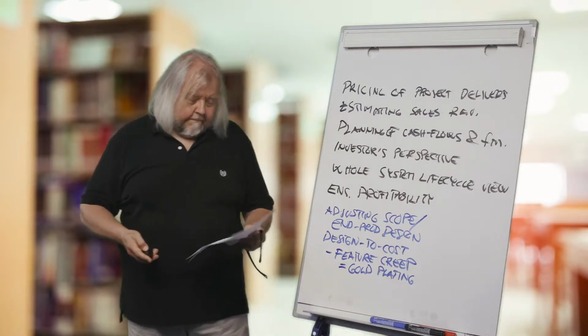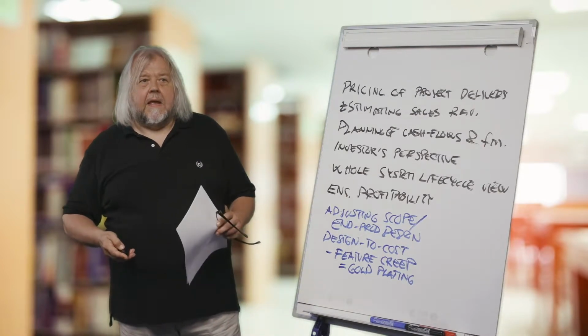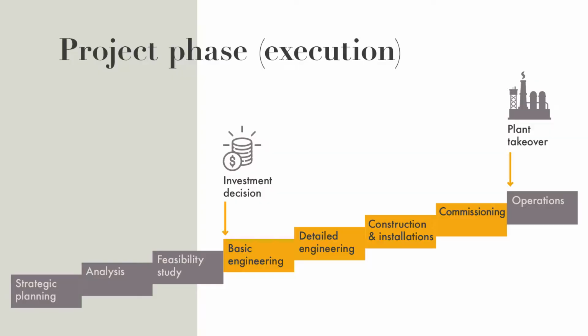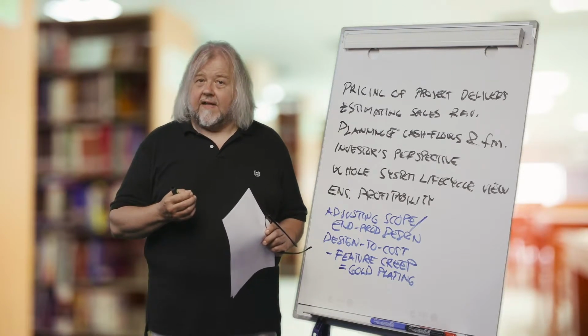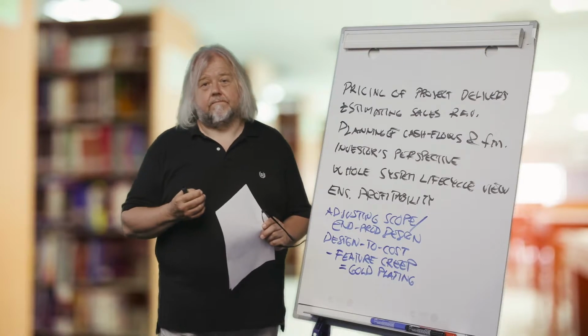But however, in the following, we are looking at the project phase of the system life cycle. That is the project execution. And regarding this project phase or execution phase, I'm going to present next the basic principles of cost-related phenomena in projects.